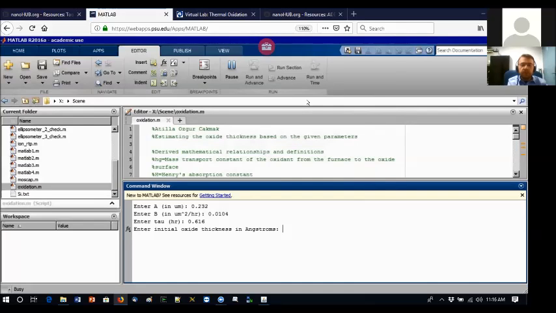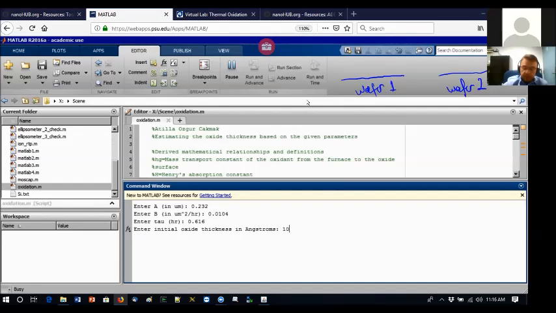So what we will do is enter the initial oxide thickness. The first initial oxide thickness, I will say that we start with only 1 nanometer of thickness. So what we're trying to compare is the two cases. Let me also put it here. We're going to try to understand the oxidation rate of two wafers, wafer 1 and wafer 2.